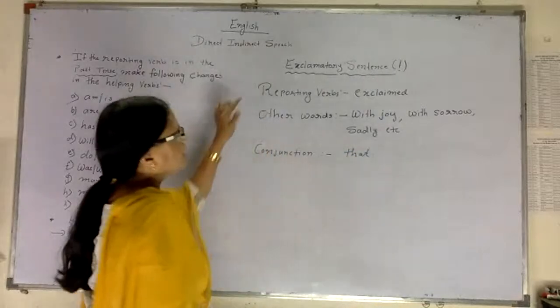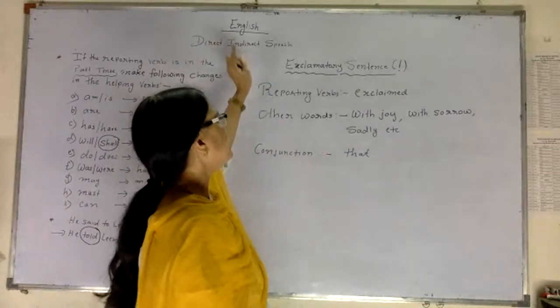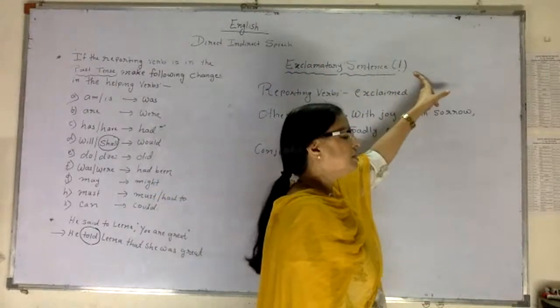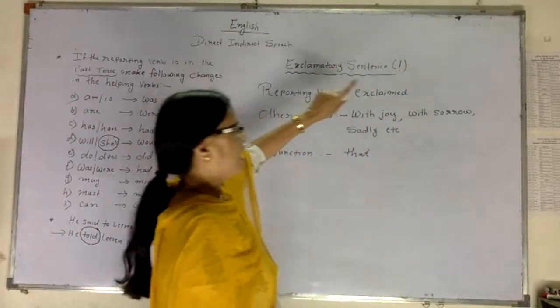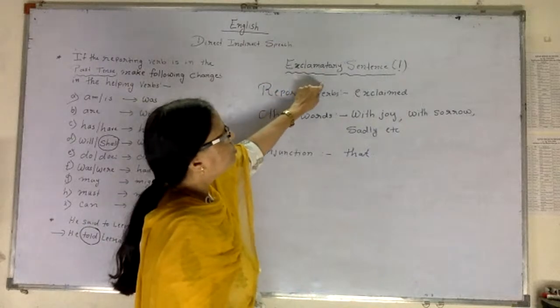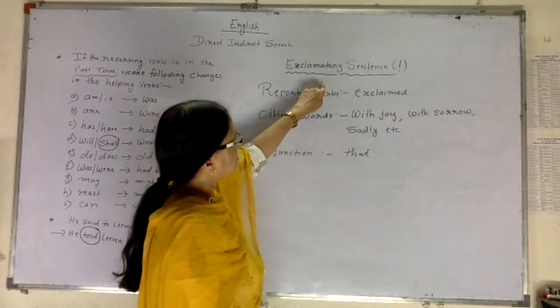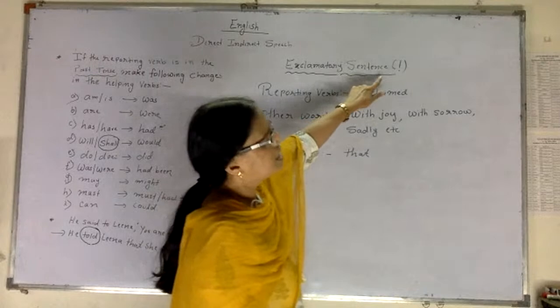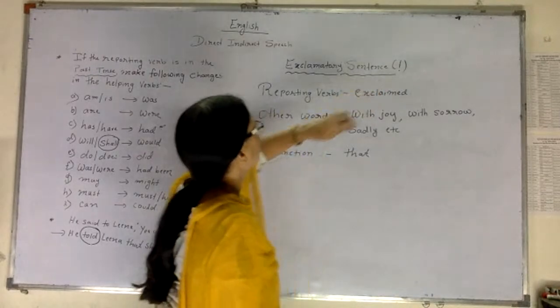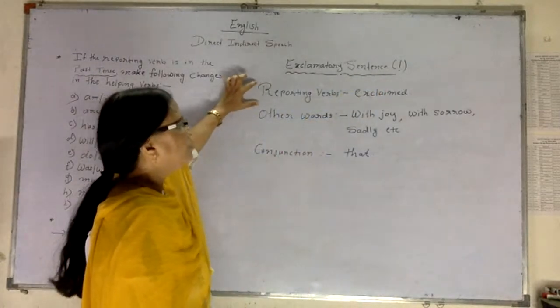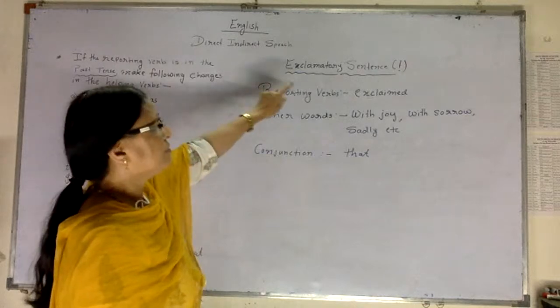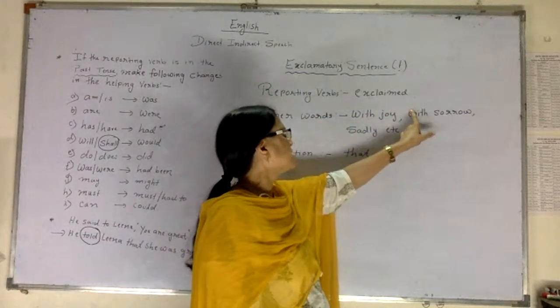Okay, so see, an exclamatory sentence will always have the exclamation mark. That is a sign which will tell you okay, it always expresses feelings, emotion. If there is an exclamation mark, that means it is an exclamatory sentence. Then the reporting verb we have to use is exclaim.